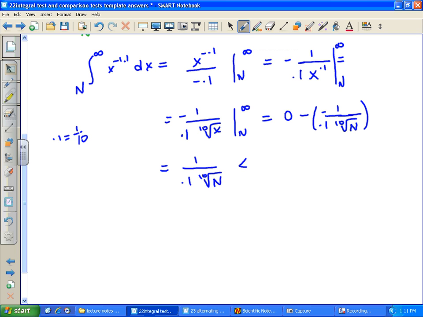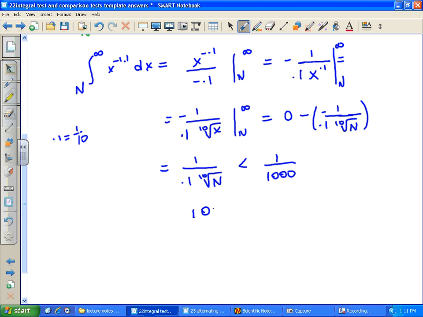Okay, now you want this to be less than 1 over 1,000, and basically we need to solve this inequality for n. Okay, last time we did, let me do this. Let me collect the constants on one side, so I'm going to multiply both sides by 1,000. And also multiply both sides by the 10th root of n.